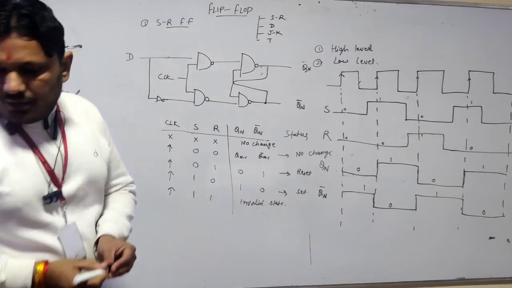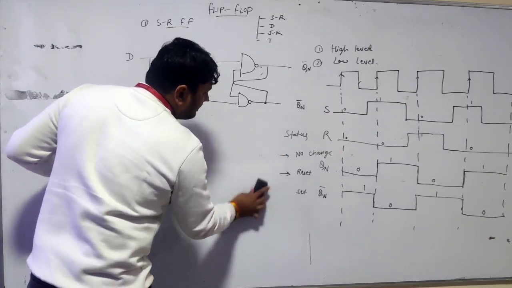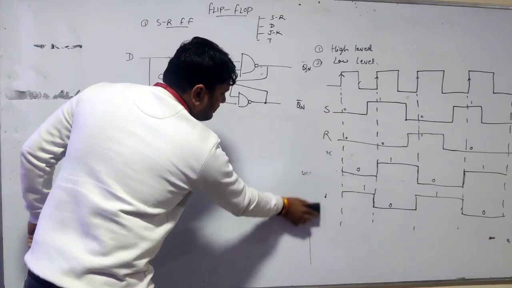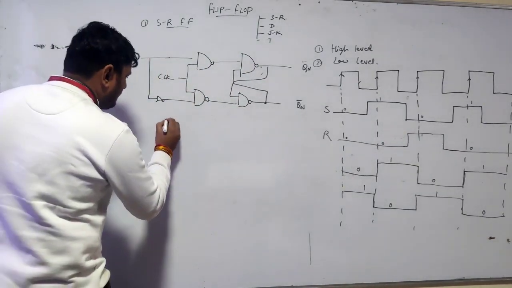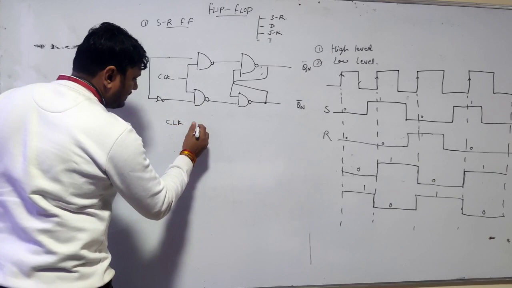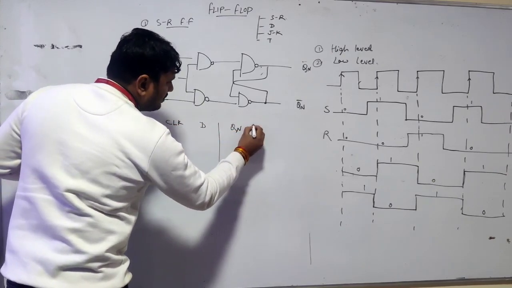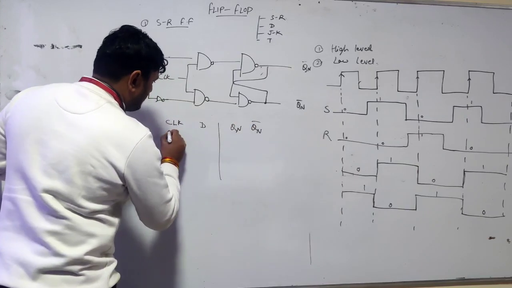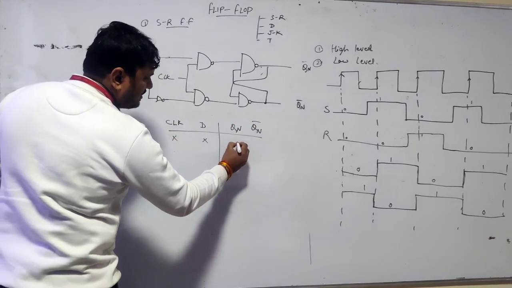Now, what about the characteristics table? Clock, D, Q, right? If there is no clock pulse, then no change.